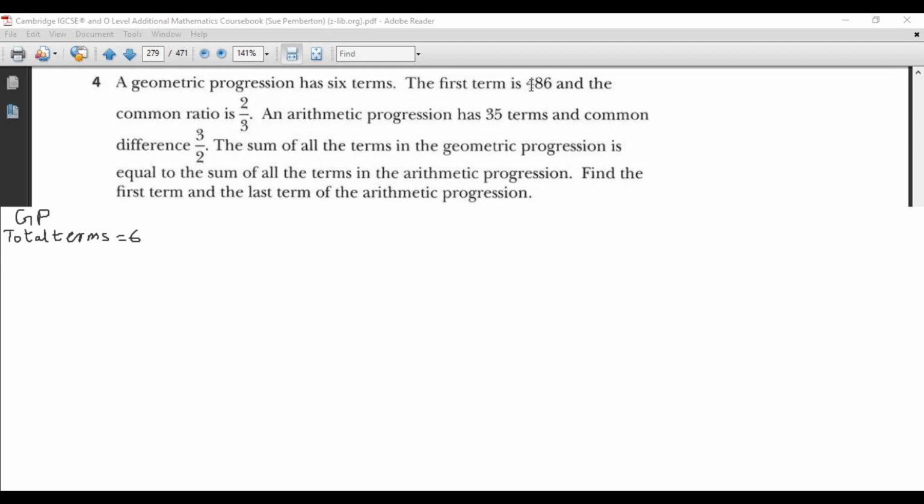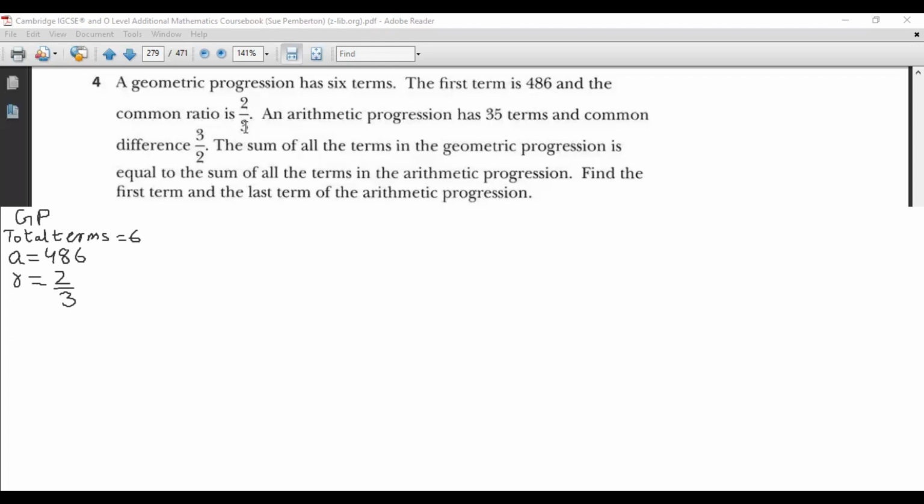After that, they are saying the first term is 486 of the GP. So A of GP is 486 and they are giving the ratio is 2/3. This is the first piece of information which is given to me.